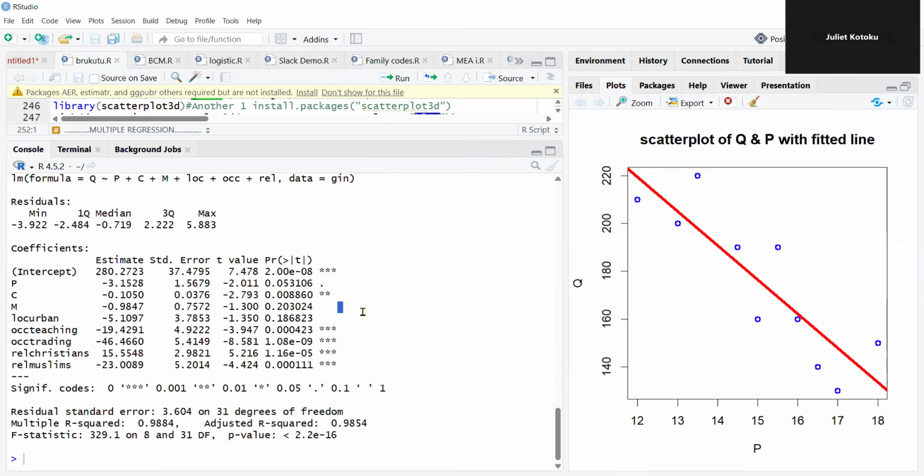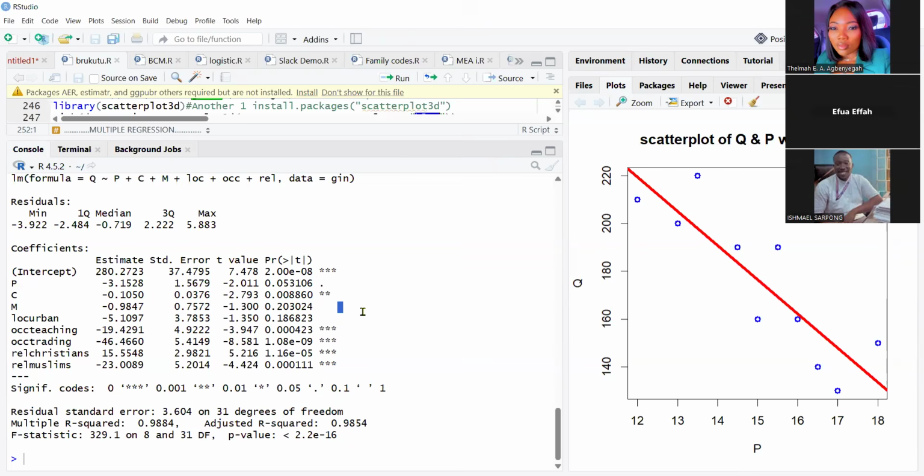Org teaching. Significant or insignificant? Org teaching. The p-value of 0.0 makes it significant because it's less than 0.05.